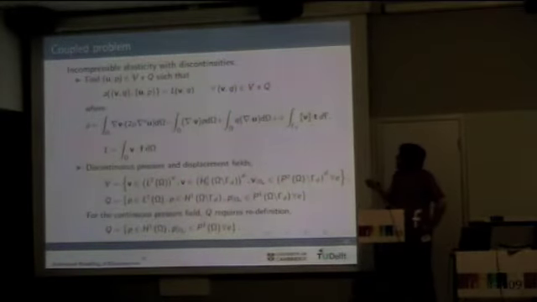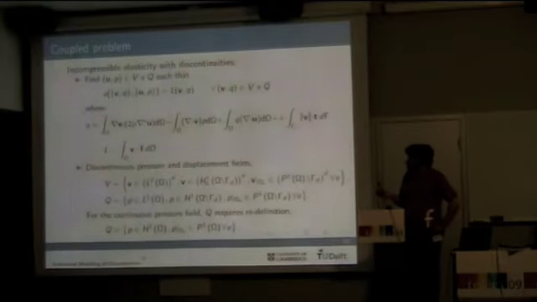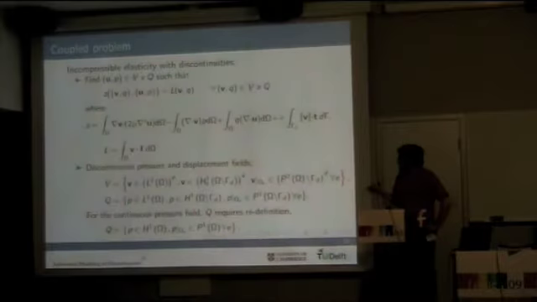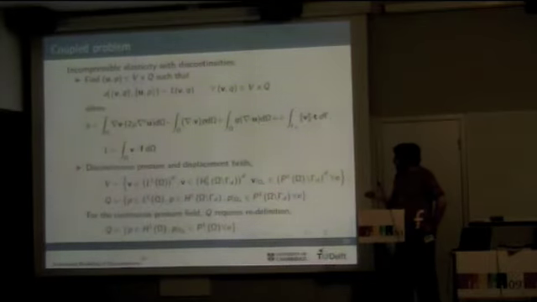One of the advantages of automating this is that it helps us to easily solve problems with different combinations of discontinuities. For example, here we have two different cases. In case 1, we have continuous pressure and displacement fields, and in case 2 we have just discontinuous pressure.